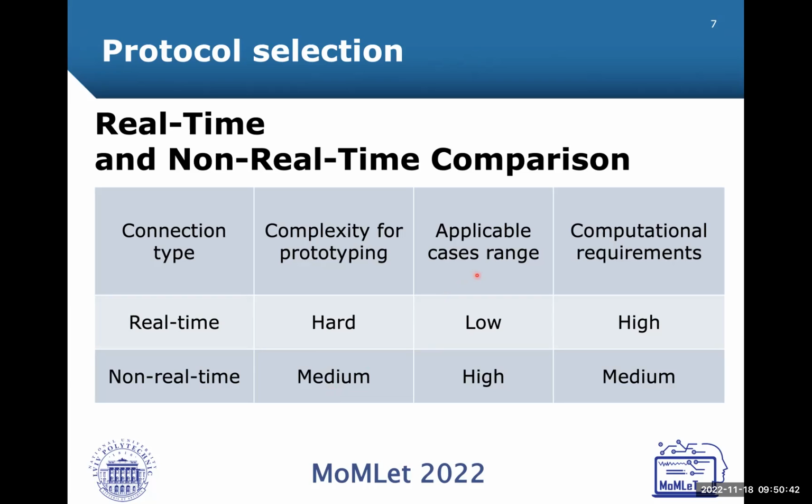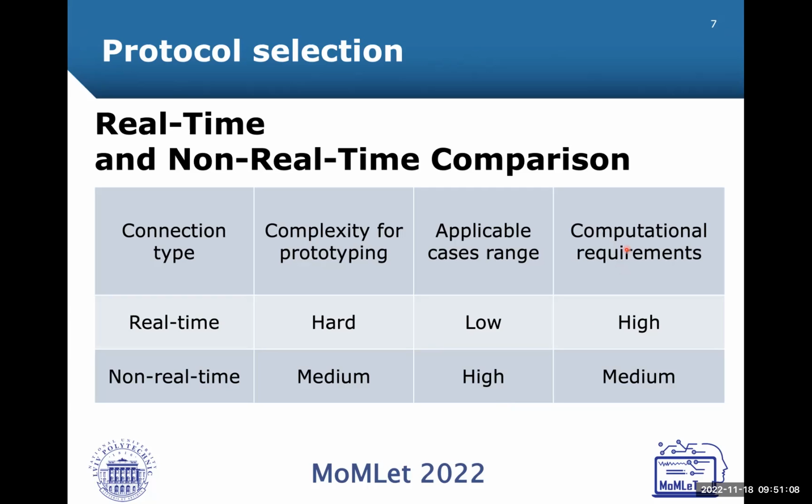Applicable cases range for business life. As of today, it's more non-real-time, basically analytics, suggestions, coaching, based on this recognition and linking of organization needs to customer feeling, etc. So much more for non-real-time scenarios, at least as of today.